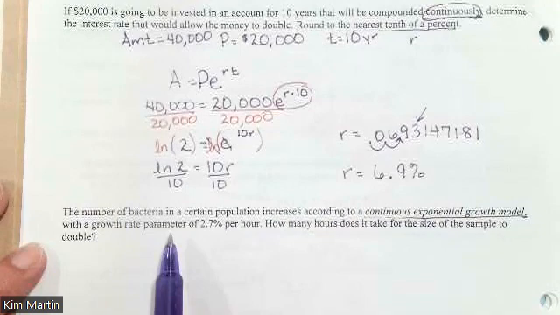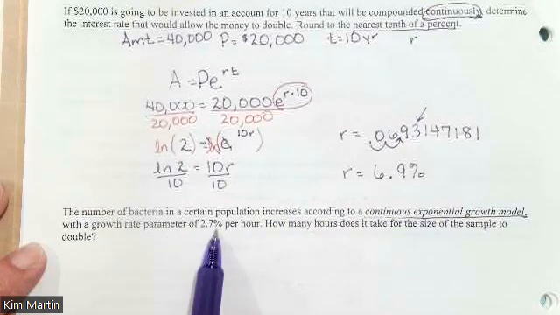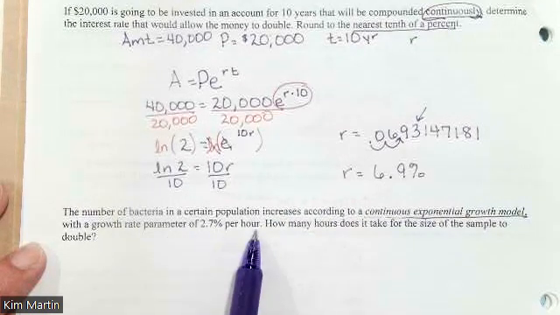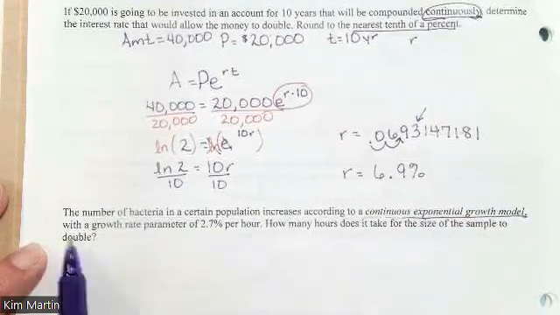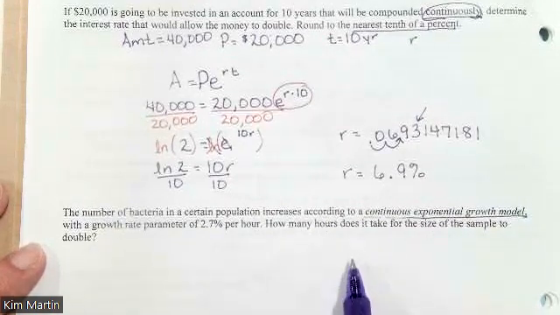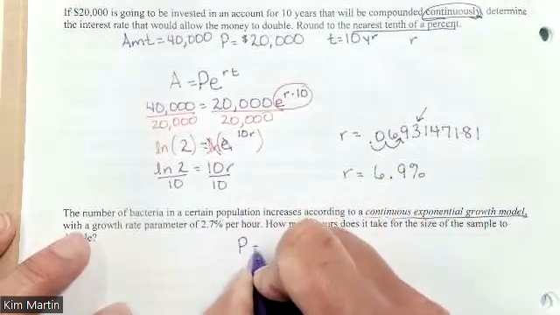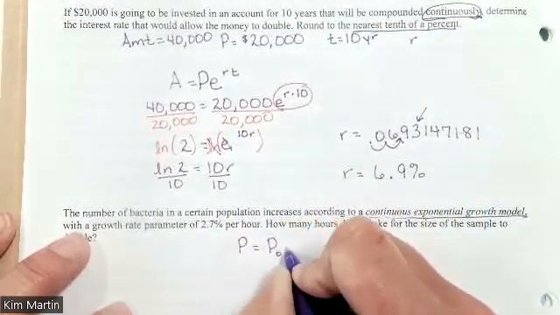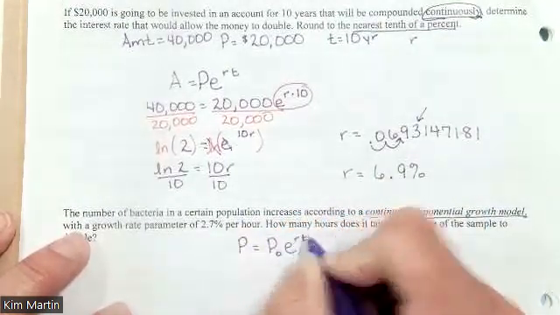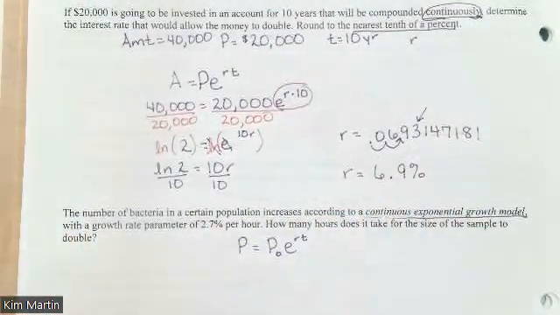With the growth rate parameter of 2.7% per hour, how many hours does it take for the size of the sample to double? I'm not sure on the numbers. I'm going to look it up though. Let's just see if I get it right. Hold on, I got to do the search on the internet, because they didn't give it to us.